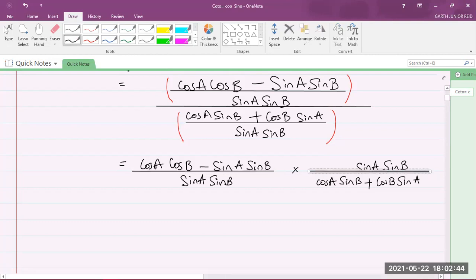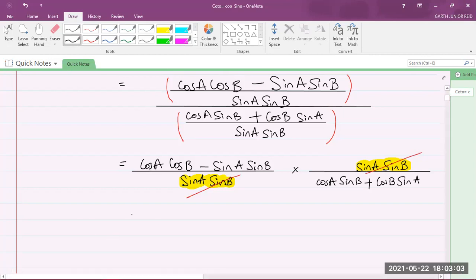Now clearly you see that we have the sine of A times the sine of B here, and we have the same thing here, so those two terms can be cancelled out.